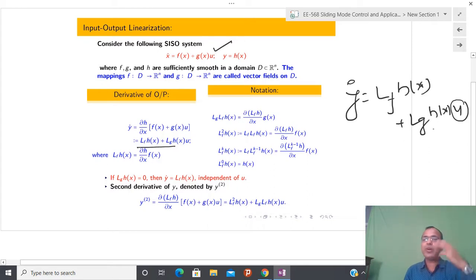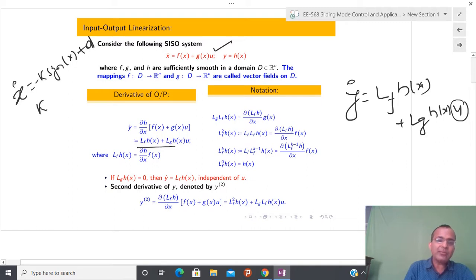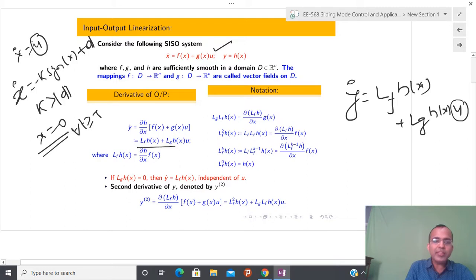Whenever you are controlling something, try to see x dot equal to minus k signum x plus u, with a disturbance d, and at that point we are telling that if u is greater than d, then I am able to comment about x. It means that if I control the rate of change of some quantity, then I am able to talk about that particular quantity. Okay, anyone has confusion on this?